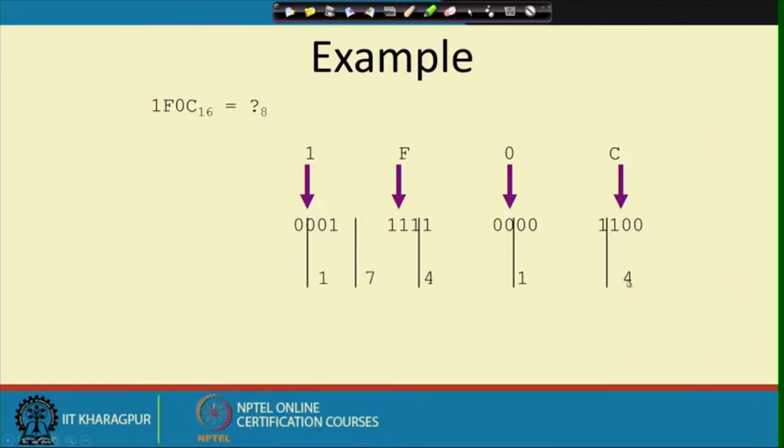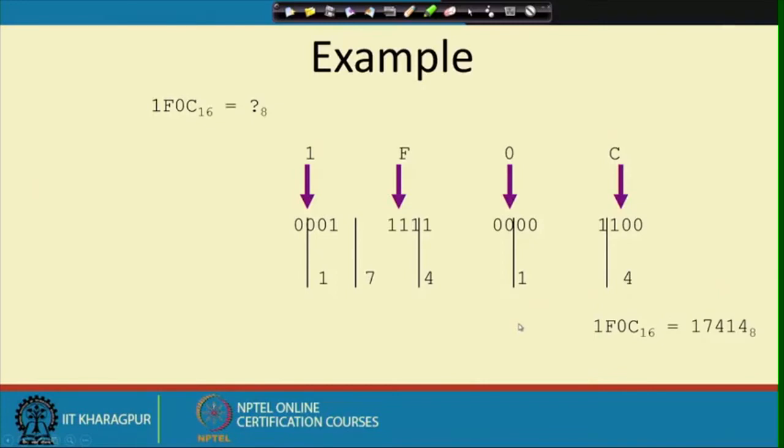So, this 001 that is there, the next group is 100, the next group is again 001, the next group is 111, and the last group is 100. 3 extra zeros have been padded so that we can get a 4-bit pattern here. That way, the number that we get in the octal number system is 17414.